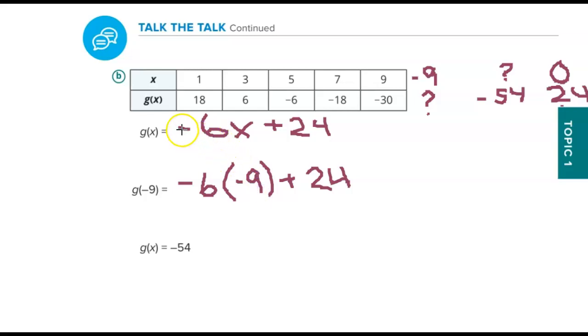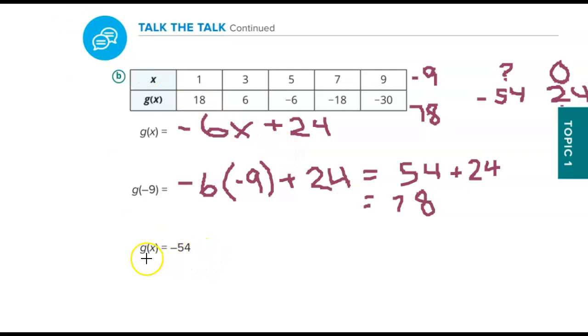Instead of -6 times x, we're going to do -6 times -9, and -6 times -9 is 54. And then we bring our plus 24. So when x is -9, our y is 78. So we have calculated that when -9 is our x, 78 is our y.